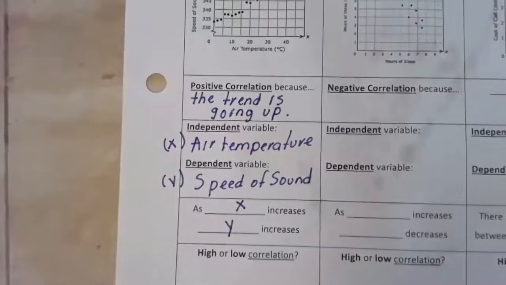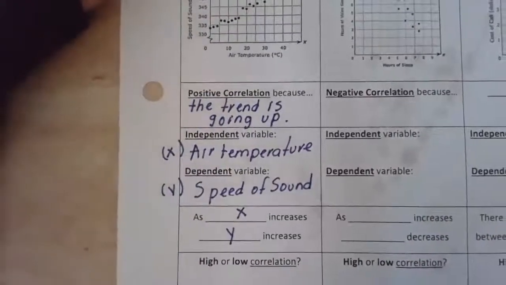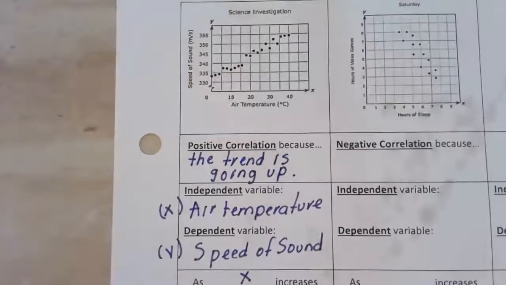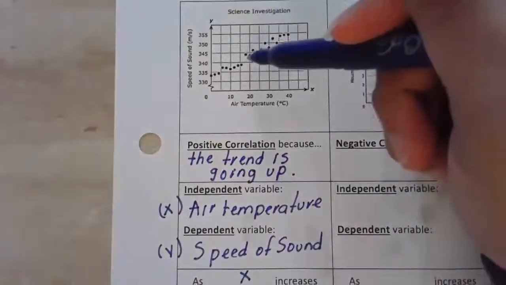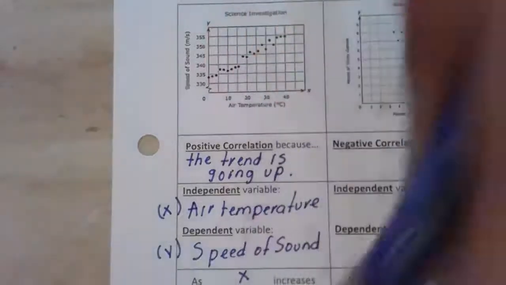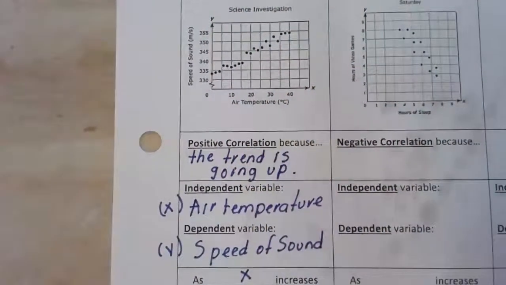Now let's look at the correlation of this scatter plot. The correlation refers to the closeness of the points that are plotted. So these are pretty close because you could see almost like a line, right? They're pretty close.